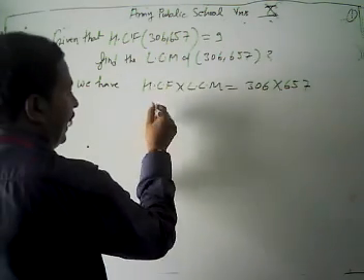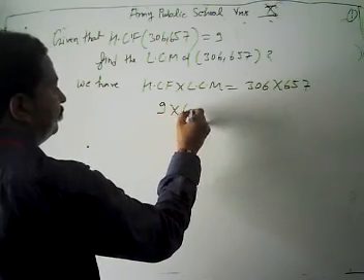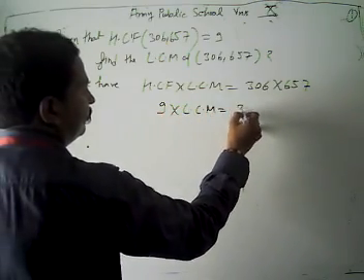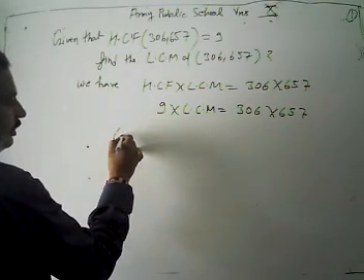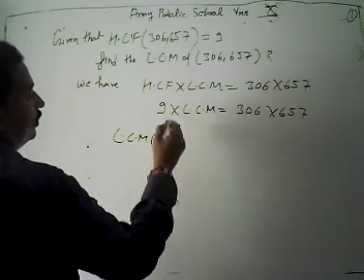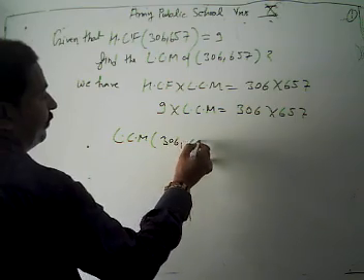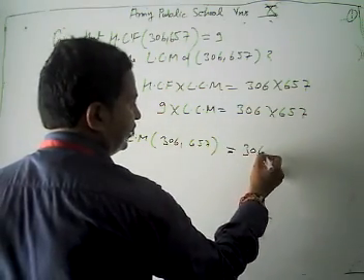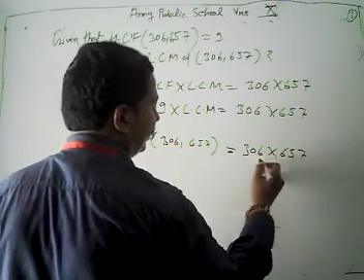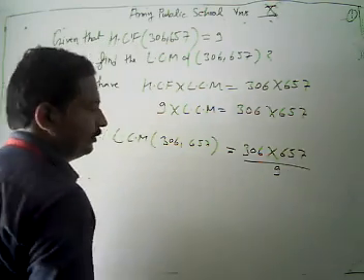We have HCF 9. Then the LCM of 306 and 657 is 306 into 657 upon 9.